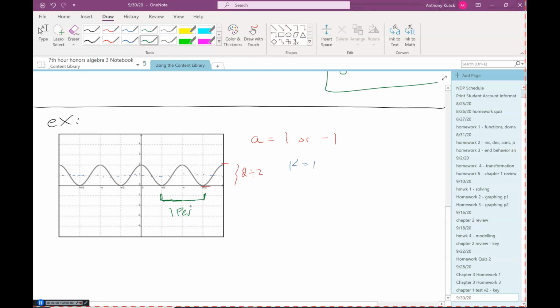If we go from a half of pi to 3 halves of pi, how much distance did we cover? 1 pi, right? If we go from a half to 1.5, we went 1 unit. Everybody's okay?